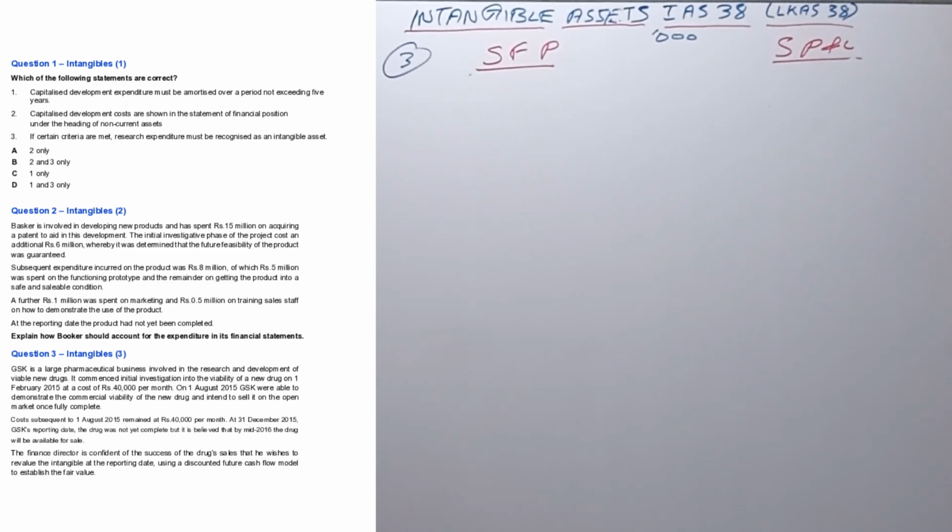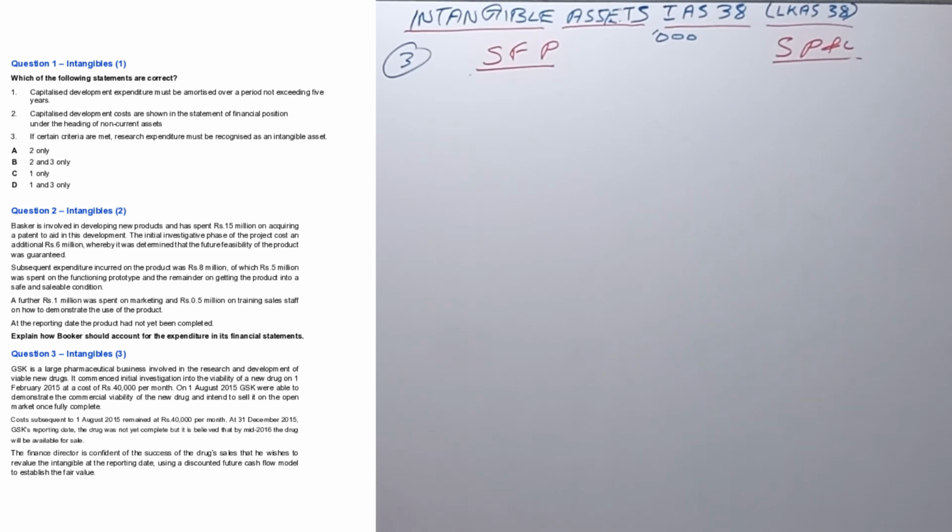Here they said GSK is a large pharmaceutical business involved in the research and development of viable drugs. It commenced initial investigation into the viability of a new drug on 1st February at a cost of 40,000 per month. On 1st August 2015, GSK was able to demonstrate the commercial viability. So before 1st August there is no commercial viability, and therefore we could not capitalize the 40,000.